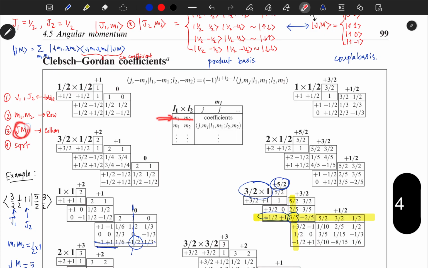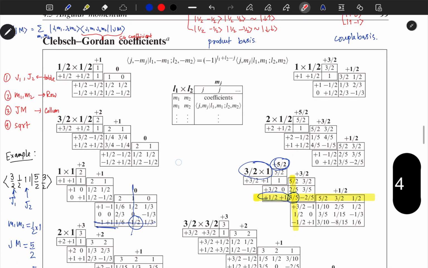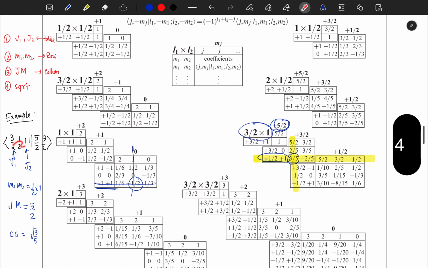And for J, M, that J and M value is across all the M values, so for that J we will go there. Where it will intersect, we will have that CG coefficient there, and we will take the square root of that value. Let's say we want to calculate the CG coefficient for 3/2, 1/2 and 1, 1, 5/2, 3/2.